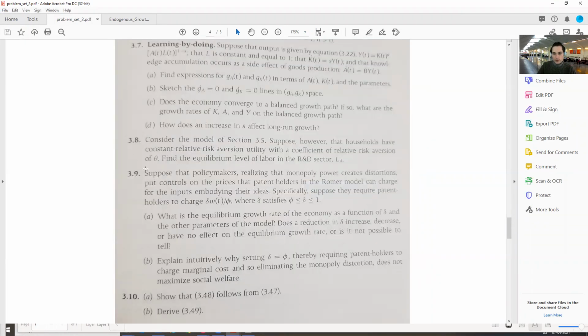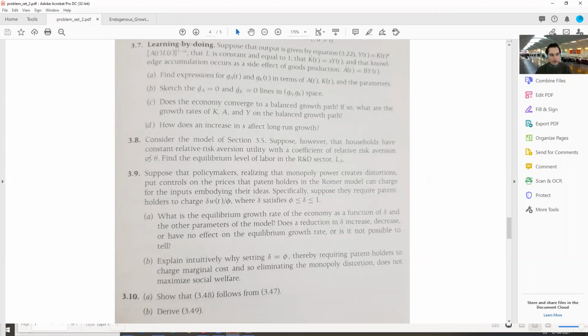So the problem that was assigned was 3.9. Again, an interesting one that has a lot of intuition for the model. It says, suppose that policymakers, realizing that monopoly power creates distortions, put controls on the prices that patent holders in the Romer model can charge for inputs embodying their ideas.